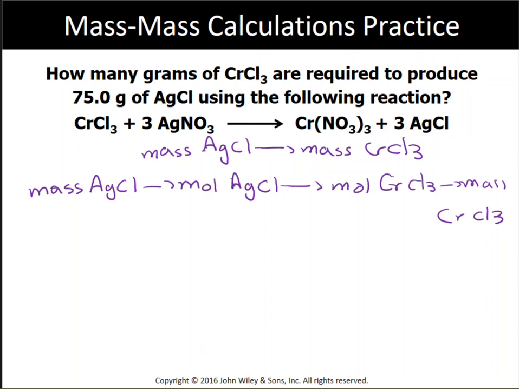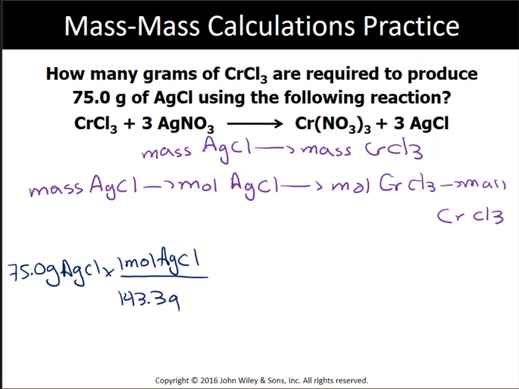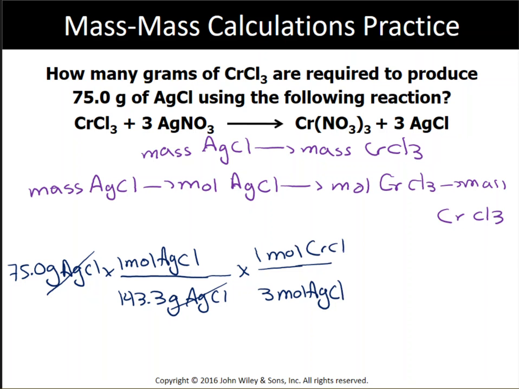So in order to convert from mass of silver chloride to moles of silver chloride, we're gonna have to use the molar mass of silver chloride. So each mole of silver chloride is 143.3 grams of silver chloride. Now, in order to go from moles of silver chloride to moles of chromium 3 chloride, we're gonna have to look at the balancing coefficients. Each 3 moles of silver chloride is produced from a reaction of 1 mole of chromium 3 chloride.